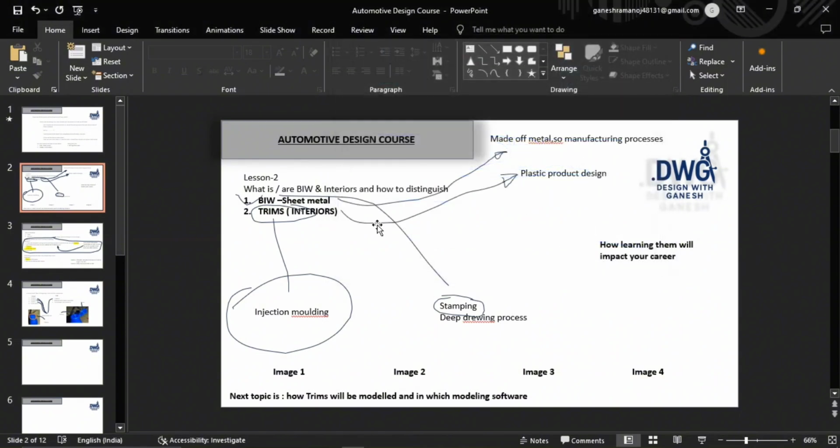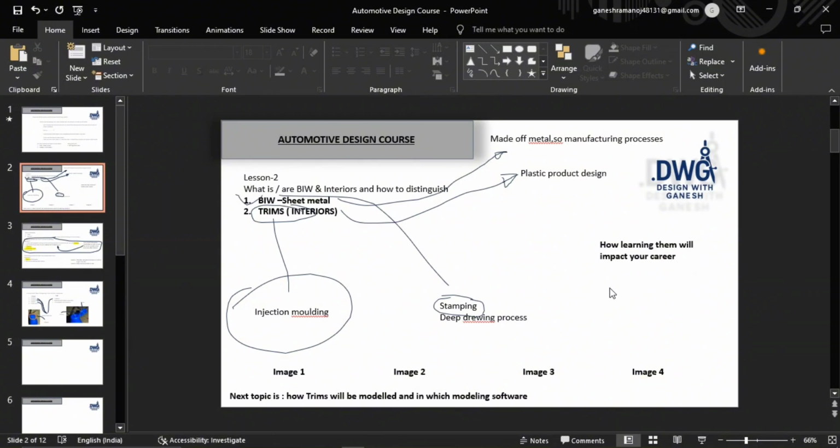I hope you already get how these parts are manufactured. Keep a good, strong knowledge of manufacturing processes, because whatever we do in the software is ultimately going to be manufactured. When we make mistakes in the modeling, it won't allow us to manufacture the part physically.